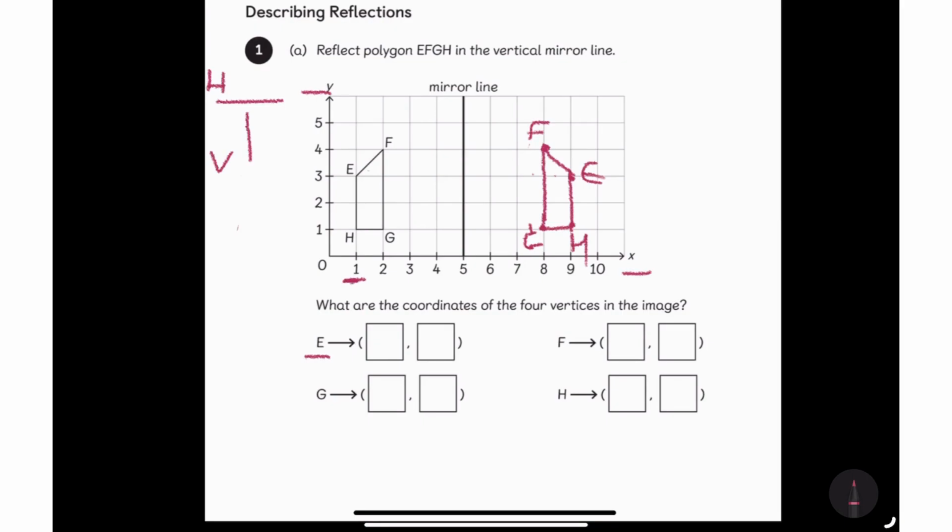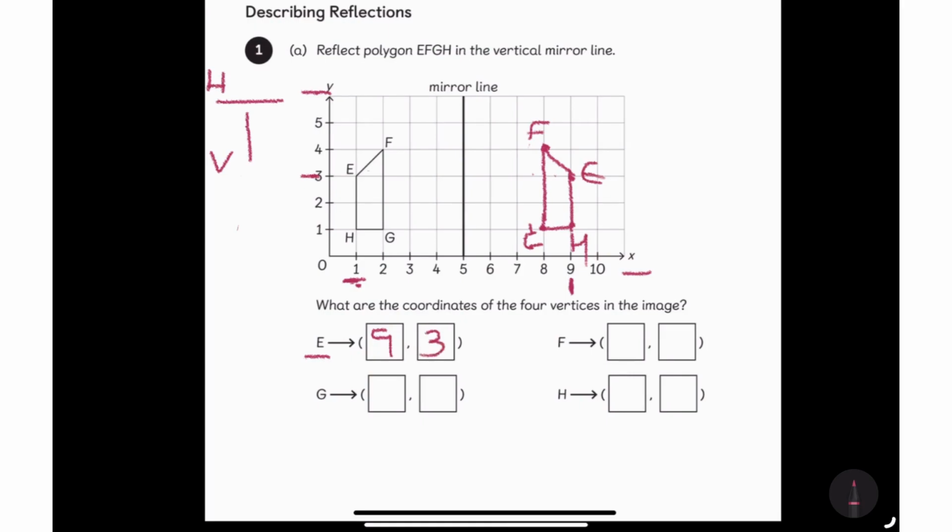So my x-axis is here and my y-axis is here. So my coordinate, if you see on the mirror image, my x-axis is 9 and my y-axis comes on 3, right? So for the vertex image, my E will be 9 on the x-axis and 3 on the y-axis.